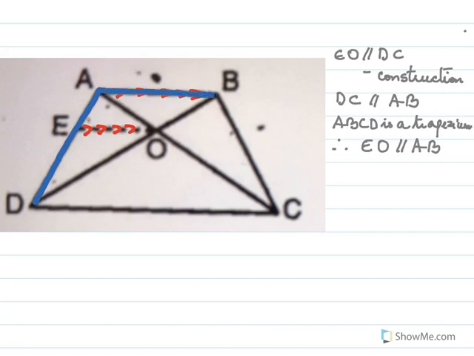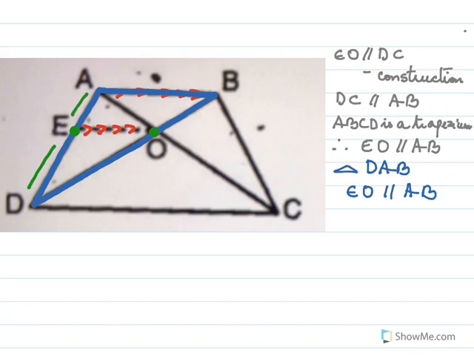If I take up the triangle DAB, I can use BPT. So I'll take up triangle DAB, and I know EO is parallel to AB, which means I can say now these two points divide the sides proportionally.